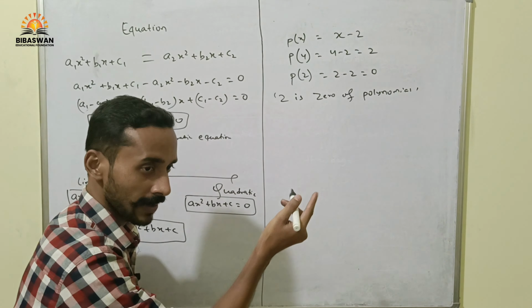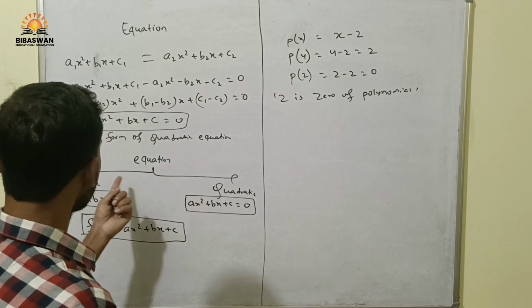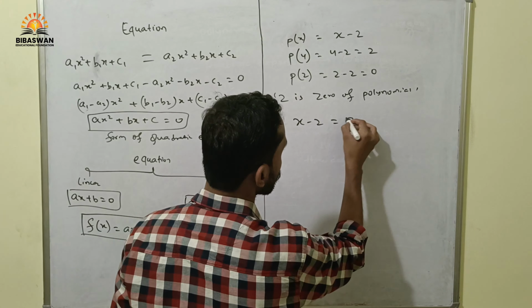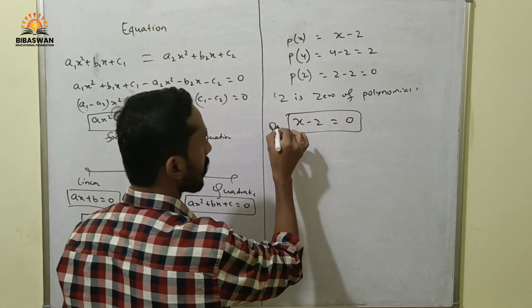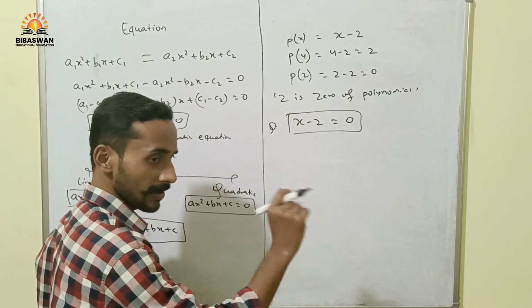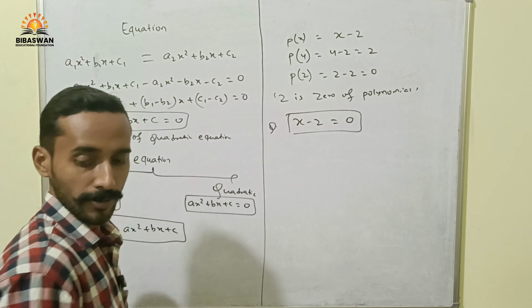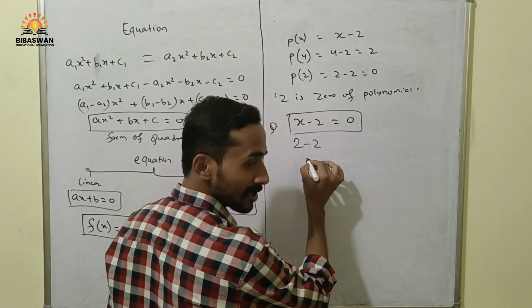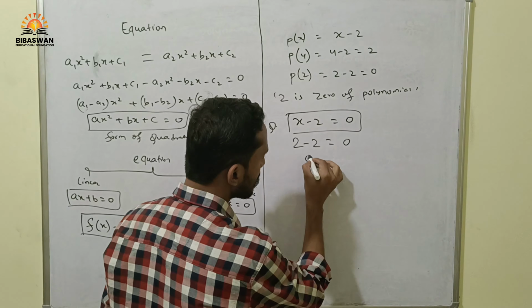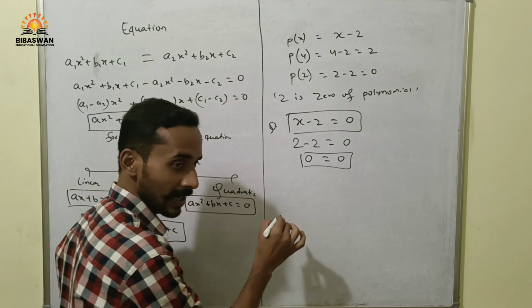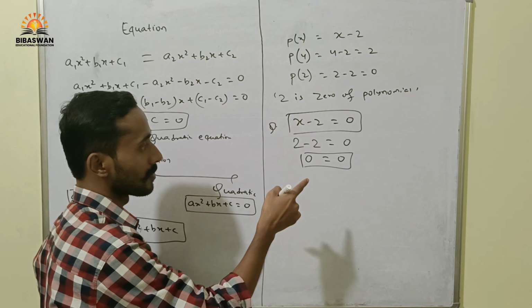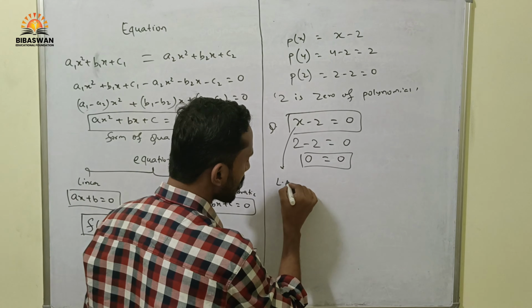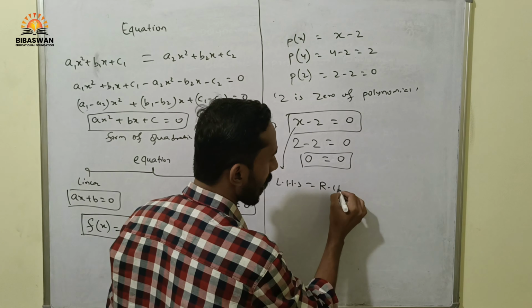But that is in the case of a polynomial. If you talk about the equation x minus 2 is equal to 0, what is 2 called here? Simply understand. If I put 2 here, it becomes 2 minus 2 is equal to 0, so 0 is equal to 0. So we can say that any value of x that, when put in the equation, gives the result LHS is equal to RHS is known as the root of the equation.